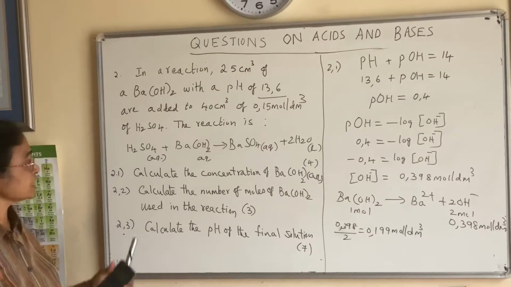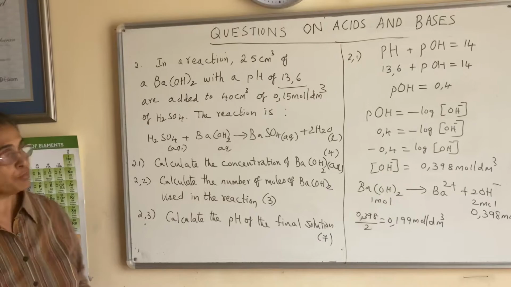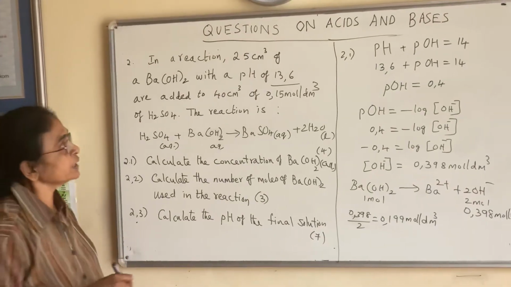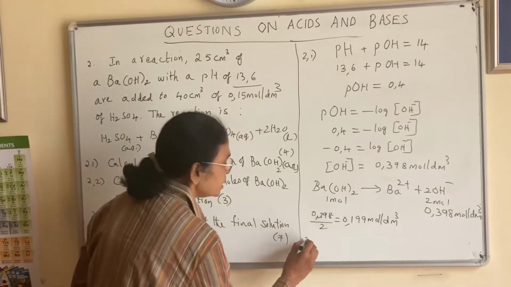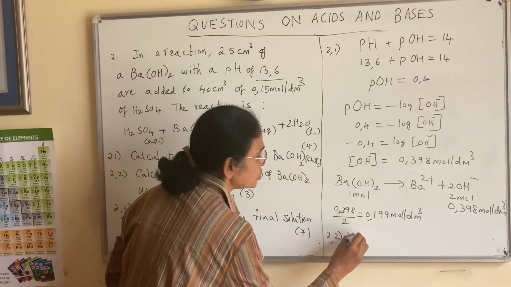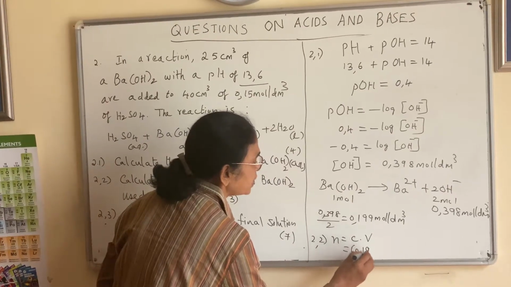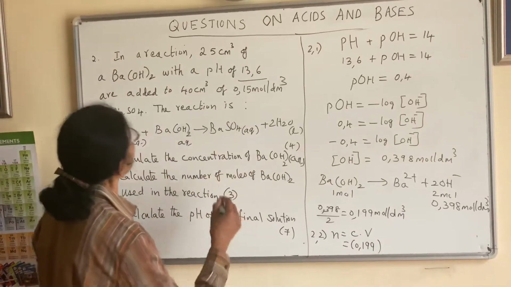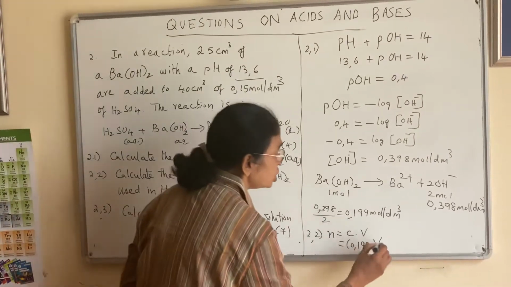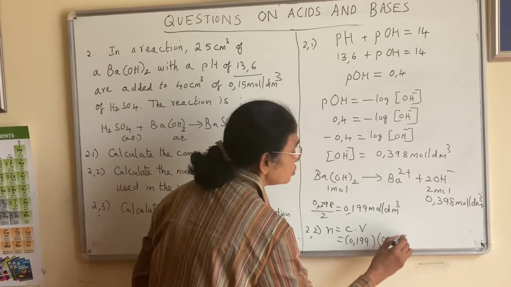Now we have to do the second part, calculate the number of moles. We can use the formula: number of moles is equal to C times V. Your C is 0,199 and the volume we have to convert into decimeter cube, 0,025.